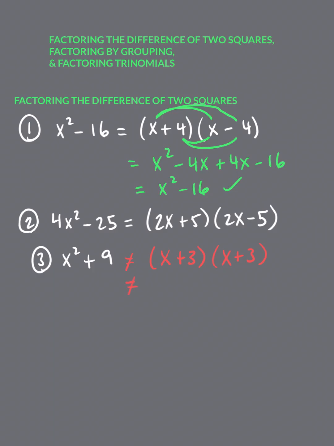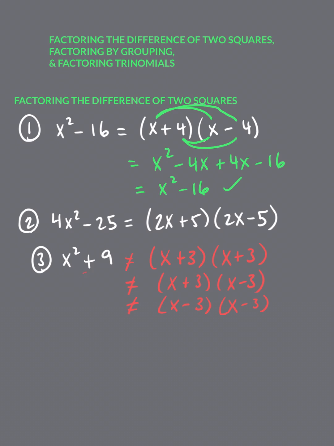Likewise, you could also not make it equal x plus 3 times x minus 3 because you are supposed to get a plus 9, and here you would get a negative 9. Also, you could not do two minus signs because then you should have a negative 6x in the middle here.